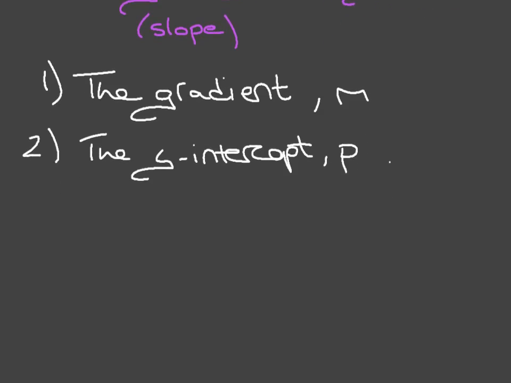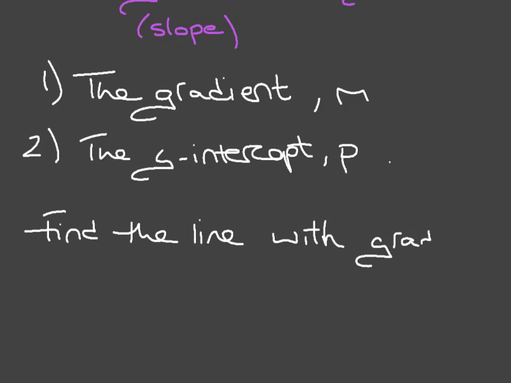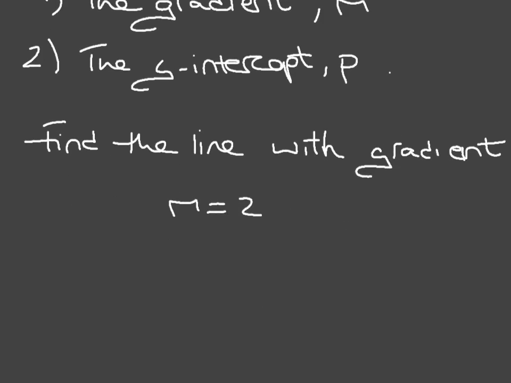Let's say I ask you to find the line with gradient m is equal to 2, and we're told that the line passes through the point 4, 6.